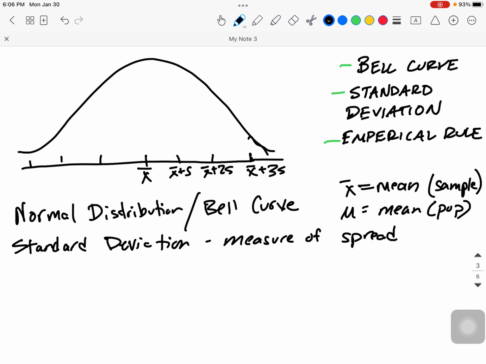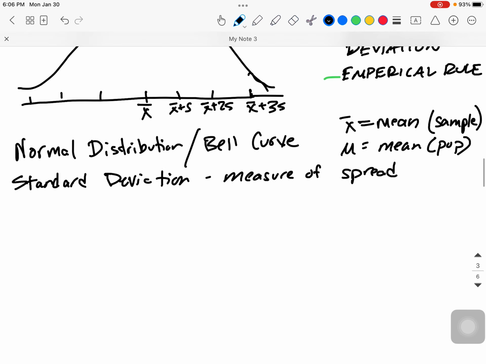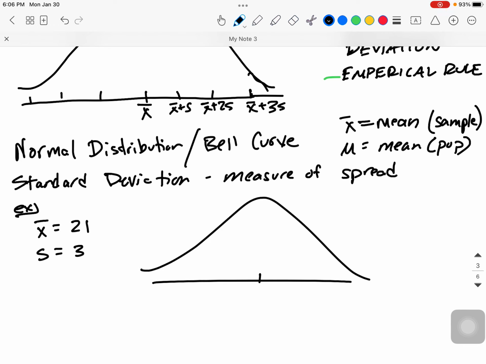Let me do a real quick concrete example. If I make up some data and I say the mean is 21 and the sample standard deviation is 3, you're always going to put the average, the mean, right in the middle.